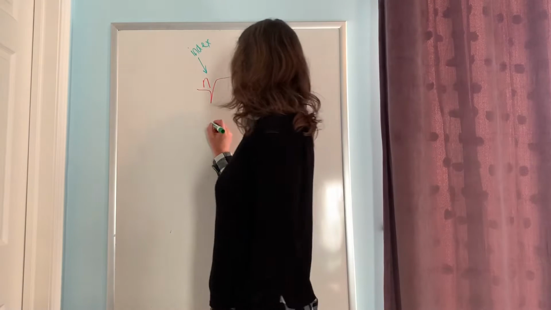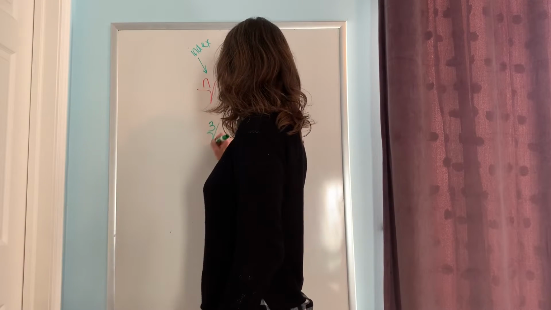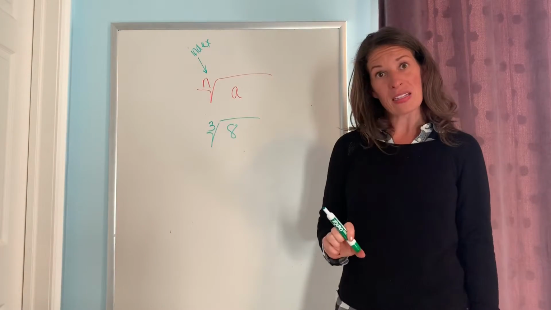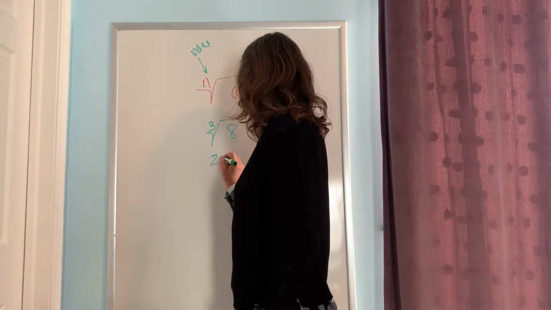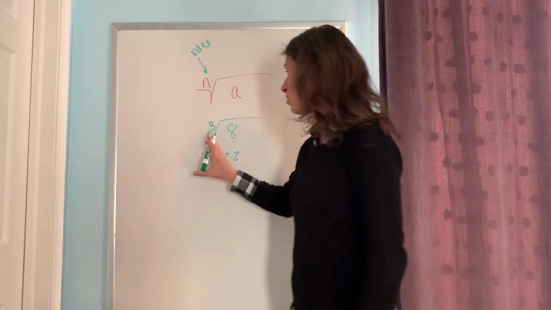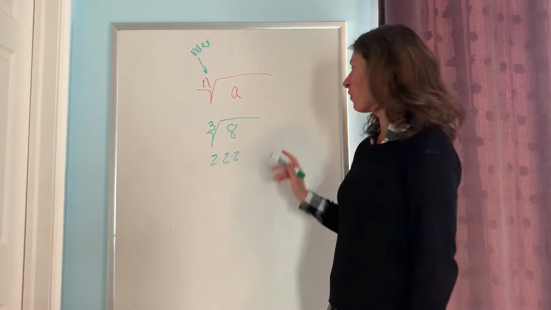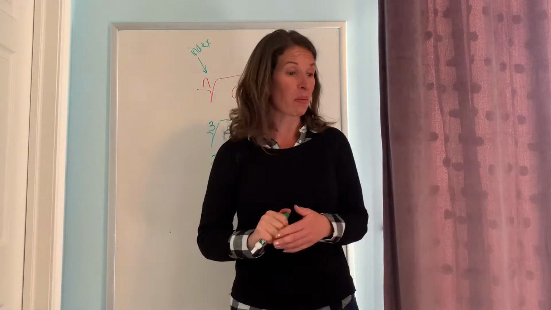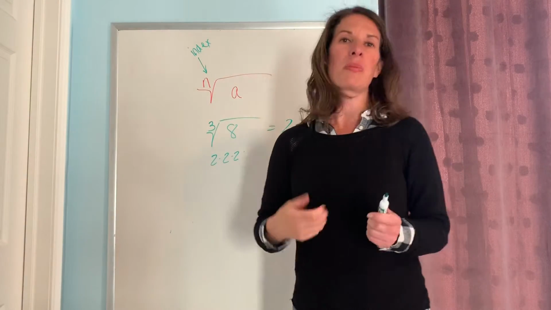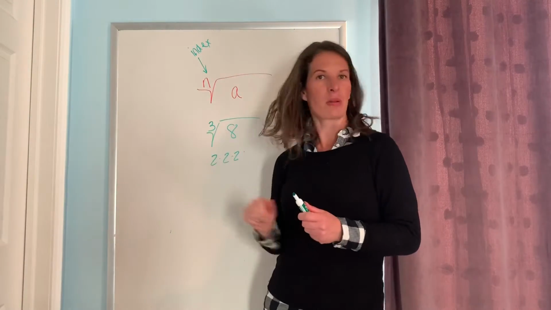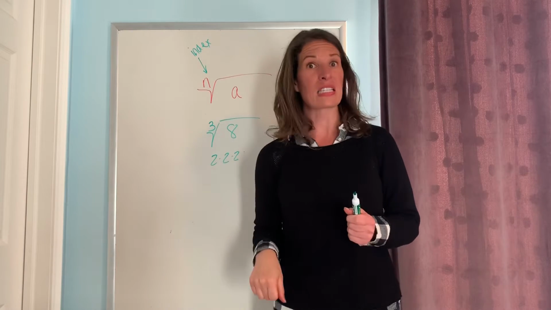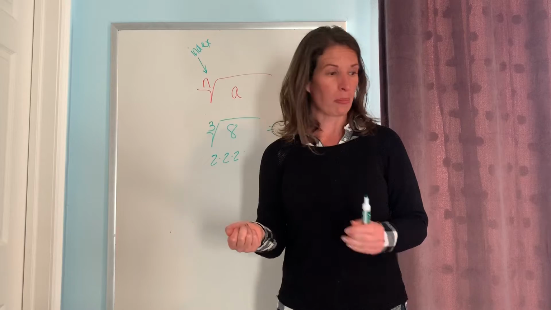For example, the third root of 8 is 2 times 2 times 2. So when I'm asking for the third root of 8, the answer is 2. Again, this is something we've gone over. The reason I'm bringing up the index is because this number is telling us how many times I need to see it before I get to take it out of the root number.